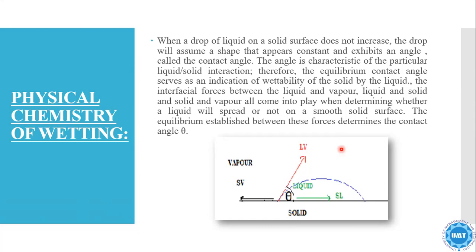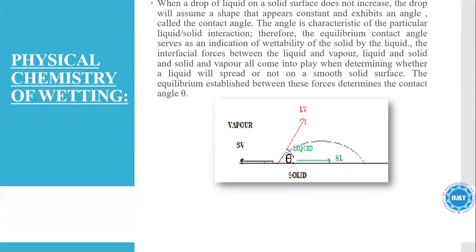The interfacial forces between liquid and vapor, liquid and solid, and solid and vapor all come into play when determining whether the liquid will spread or not. On smooth surfaces, the equilibrium is established between these forces. This is the contact angle.